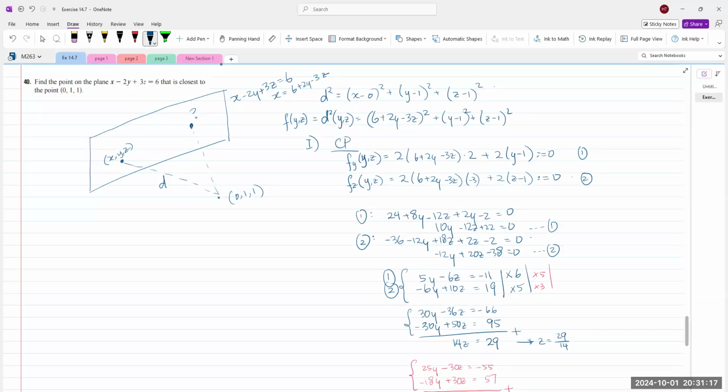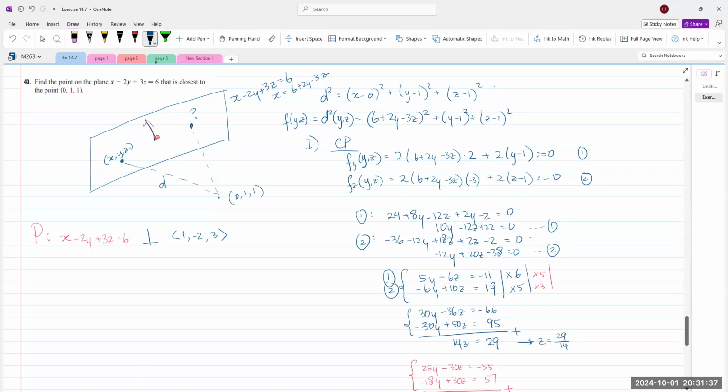What I do first is find the vector normal to this plane. The plane is given by x minus 2y plus 3z equals 6, so this plane must be normal to the vector 1, negative 2, 3.